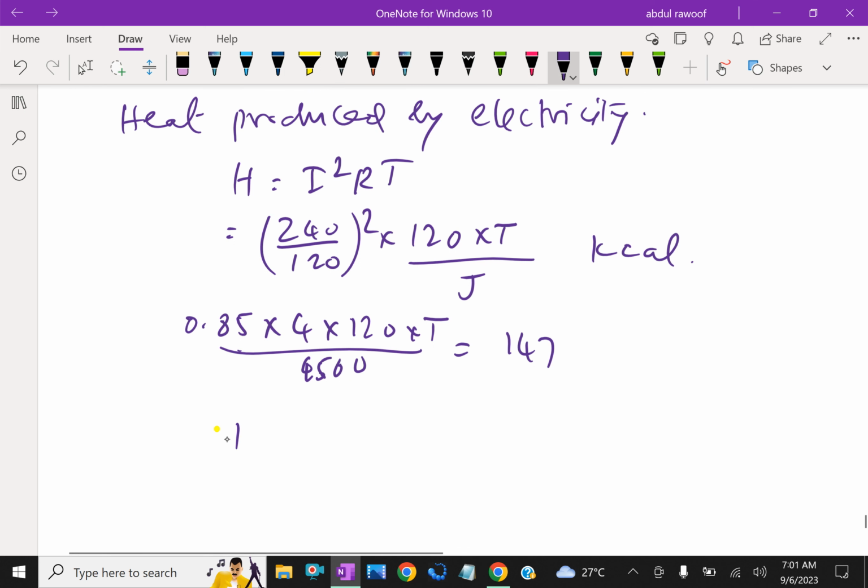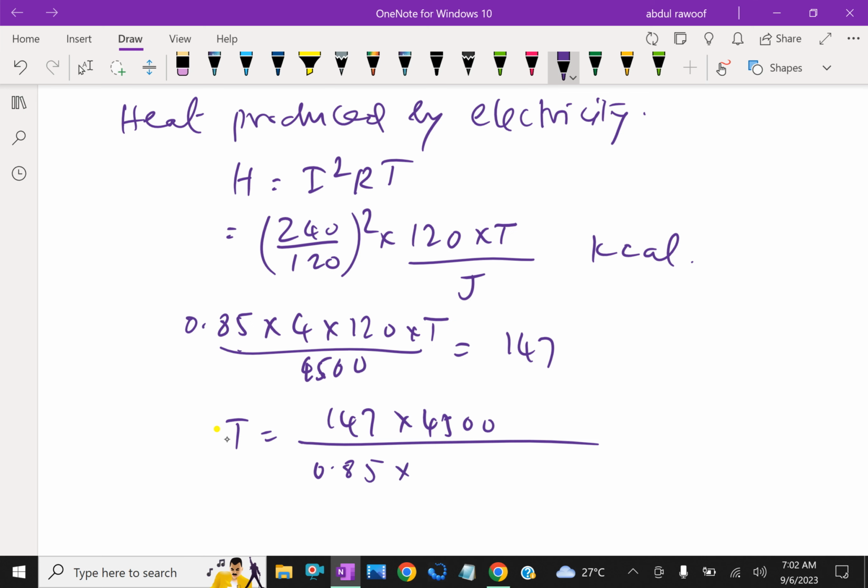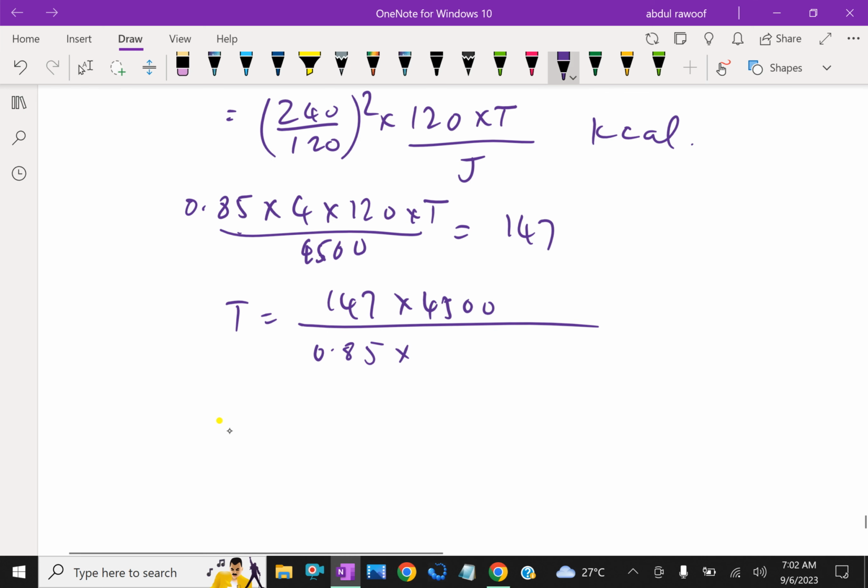Therefore, by cross multiplying, we will get time taken is 147 into 4500 over 0.85 into 4, that is I squared, into 120, which gives 1621.3 seconds.